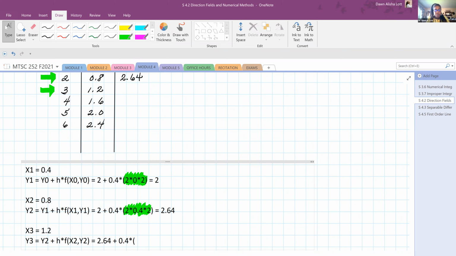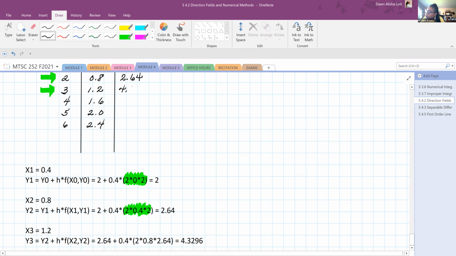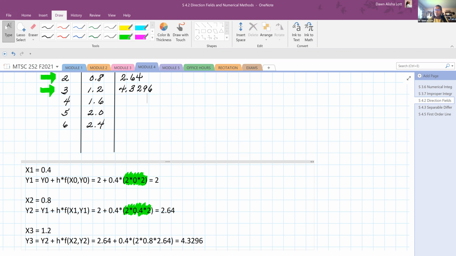So that's 2 times x2, which is 0.8, times y2, which is 2.64. That gives 4.3296. Okay, now we're going to x4.